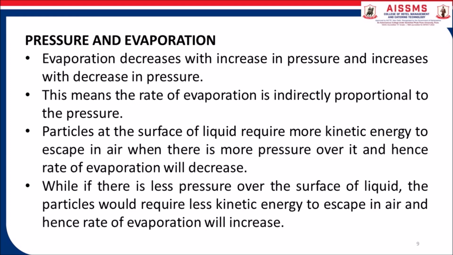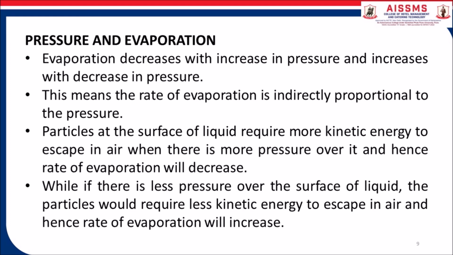Evaporation and pressure are inversely proportional to each other. This means that the particles at the surface of the liquid require more kinetic energy to escape into the air when there is more pressure over it, and with this more pressure, automatically the rate of evaporation will decrease.